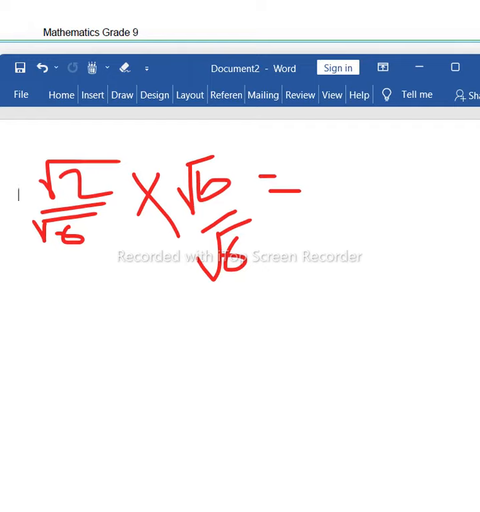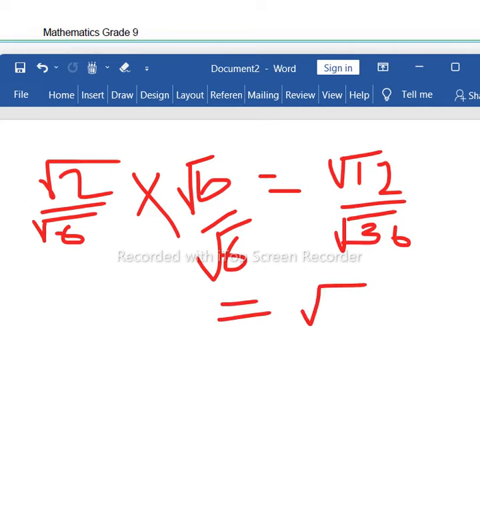We have square root of 12 over, here, square root of 6 times square root of 6, we have square root of 36. Square root of 12 means square root of 4 times 3, and square root of 36 is 6, because 6 times 6 is 36.